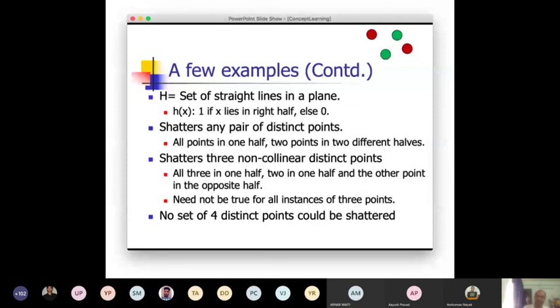From the geometry you can prove that there does not exist any line which will separate these two sets. So there exists one dichotomy, given 4 points, for which there does not exist any straight line which will be consistent with it, which means the VC dimension would be 3.